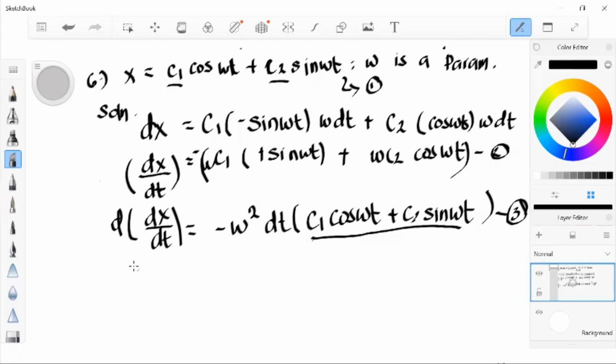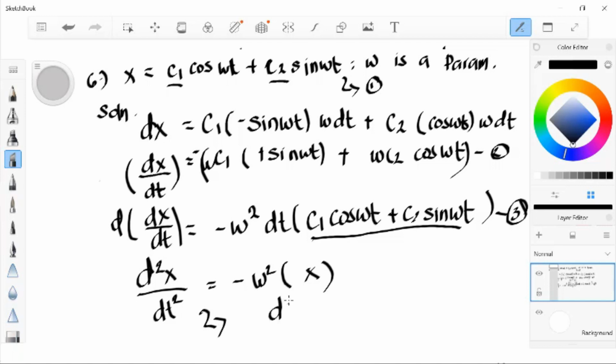By doing so, this side would be equal to the second derivative, d squared x over dt squared, which is equal to negative w squared x. Then we transpose w squared times x to the left side so that we can have a positive value.